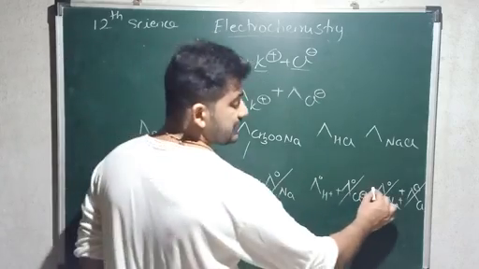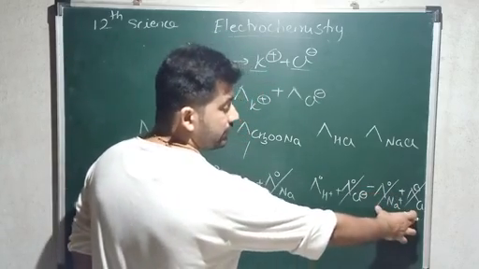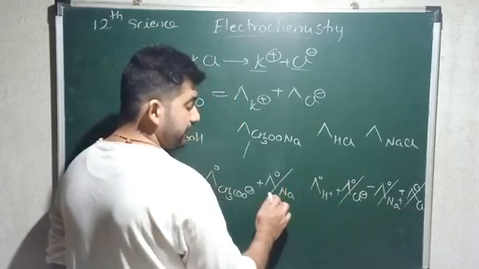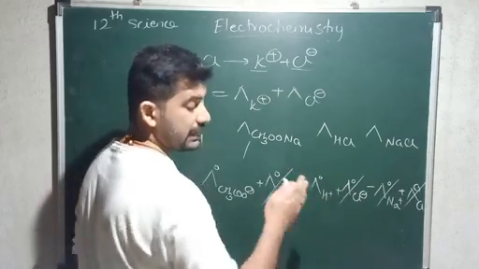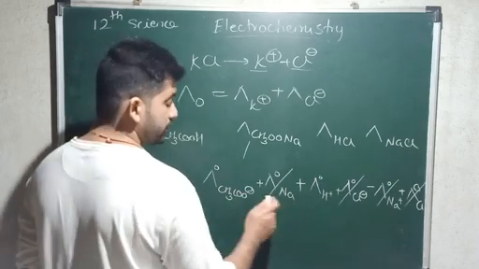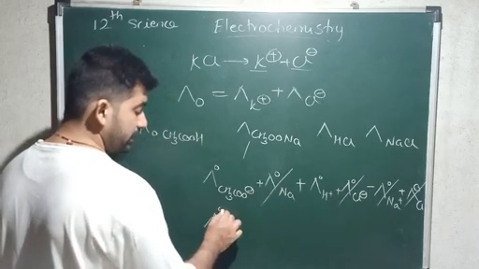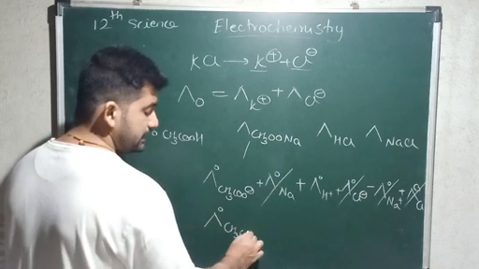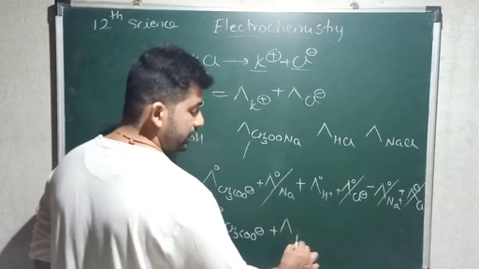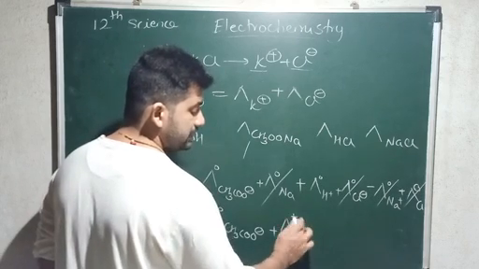Means if I will subtract NaCl, then I will have Na and Cl ions cancelled with each other, and the remaining ions will be only these two ions, which is the molar conductivity of CH3COO minus ion and molar conductivity of H plus ion.